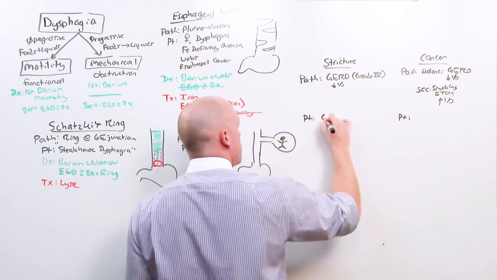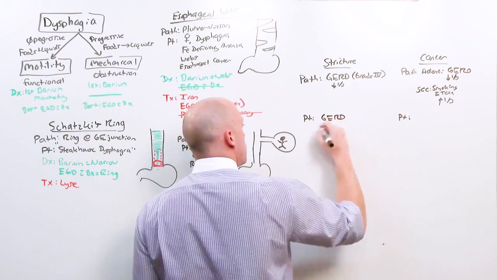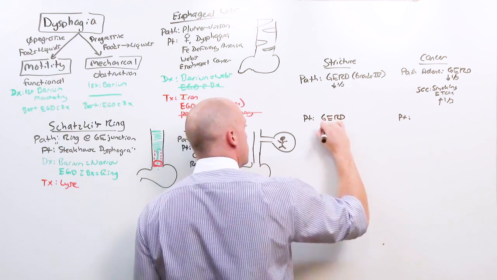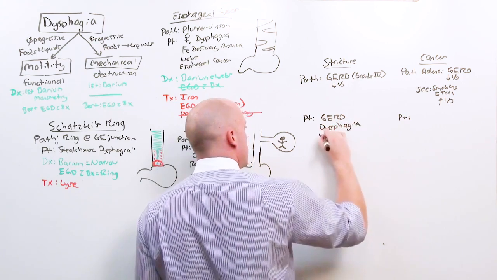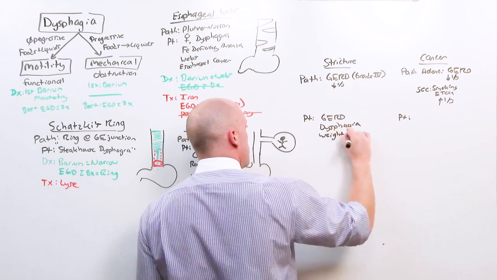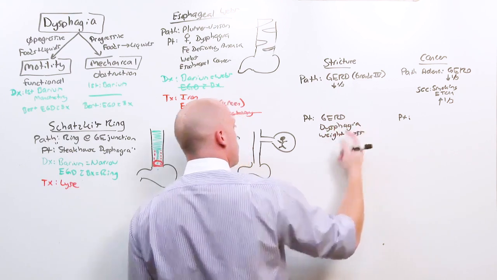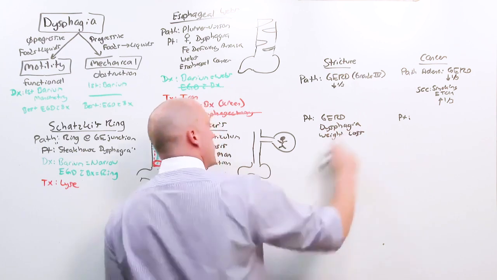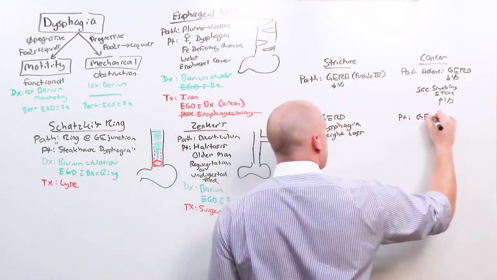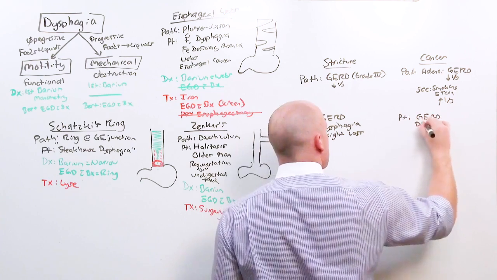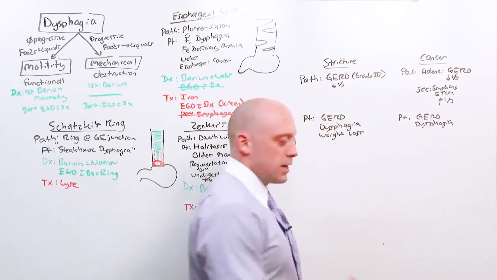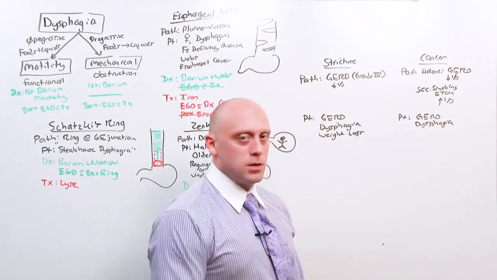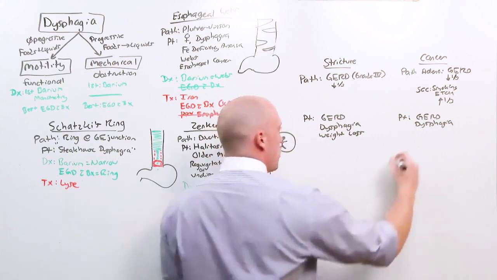So you're going to watch for these patients. Patient who has long-standing GERD develops progressive dysphagia and has weight loss. He has weight loss because he can't get the food down and then learns not to. In cancer, the person has long-standing GERD, develops dysphagia, and because the cancer is eating away and stealing all the nutrients, also weight loss.